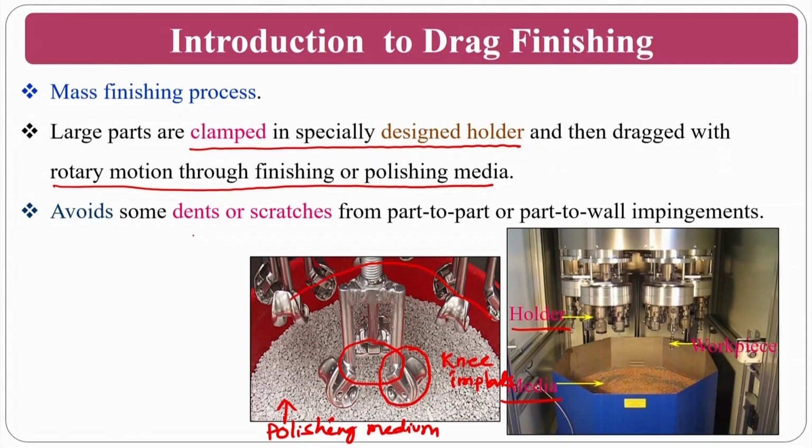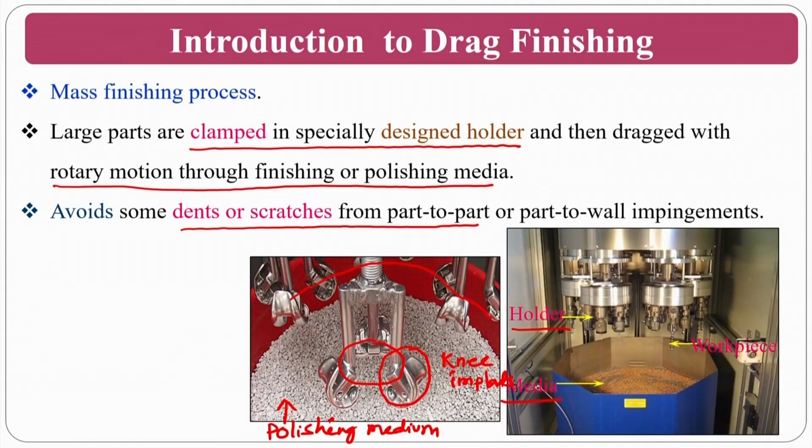So, it avoids dents and scratches from part to part. There is another advantage: in the previous tumbling process, the abrasives and the components will also hit the surface. Assume that my component is here, there is no chance that it will hit this particular surface.